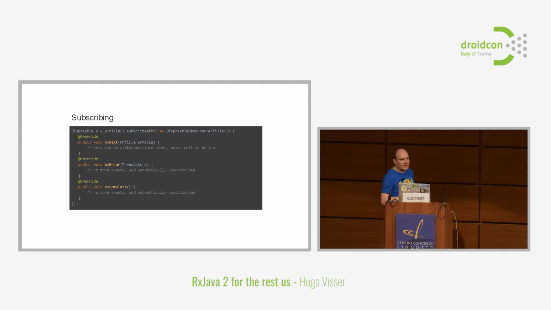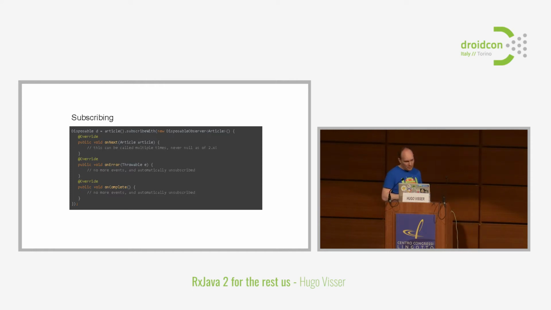We have onError, which takes a throwable, so it's a very generic error handler. And as I said, once you get an error, you know that you get no more events. You are automatically unsubscribed from this observable. And the same is true for onComplete. When you get this, you know no more events are coming. We're unsubscribed. So this is one way to subscribe to an observable.